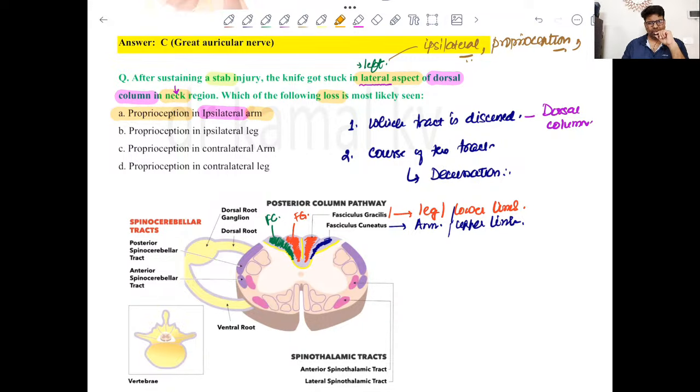So when I say subdural, sub means below and dural is of course the dura mater, so it is between the dura mater and the arachnoid mater. So this is subdural hemorrhage.